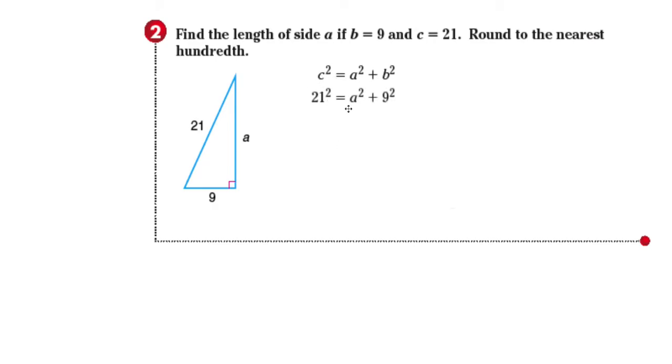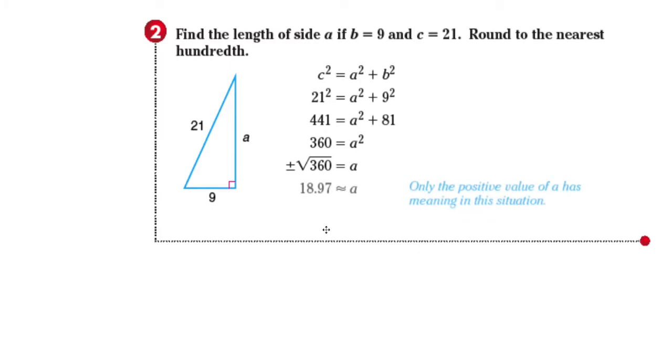So this becomes 21 squared equals a squared plus 9 squared. Then we simplify: 21 squared is 441 and 9 squared is 81. We solve for a squared by subtracting 81 from both sides. You get 360. Then we simply take the square root of a squared, and get plus or minus the square root of 360, or approximately 18.97.